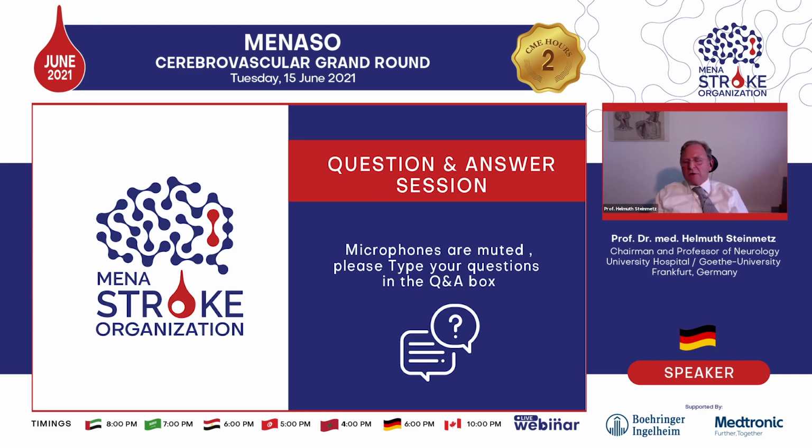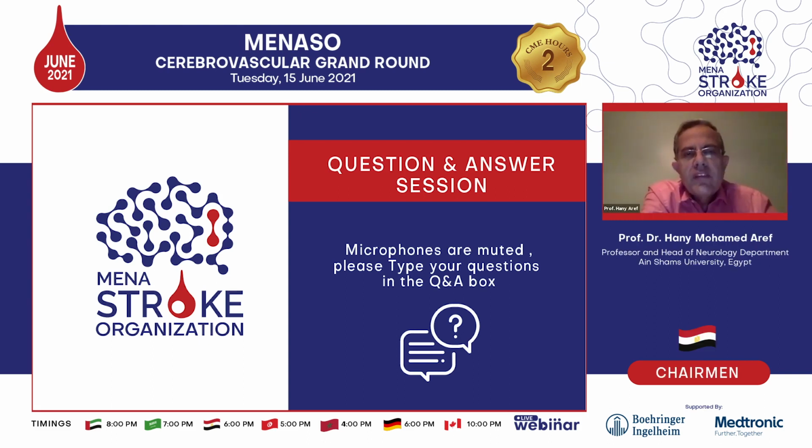You can do it differently if you believe in it, but the guidelines do not consider it necessary or recommended. I guess in the same context, regarding the use of dual antiplatelet for a longer period or even for life, if the patient is having a recurrent stroke while using a single antiplatelet, or do you just change the antiplatelet?